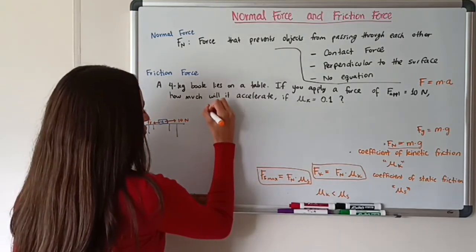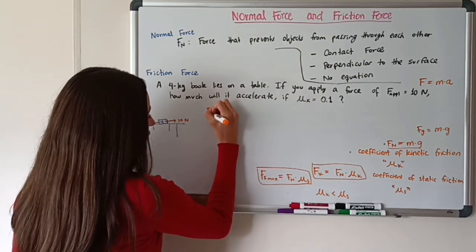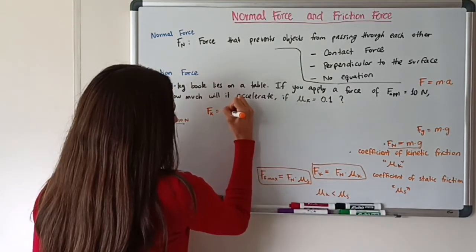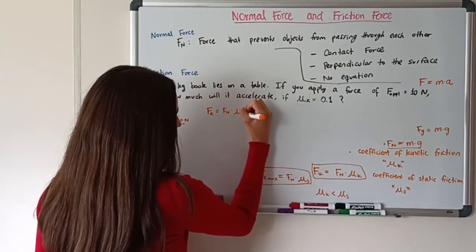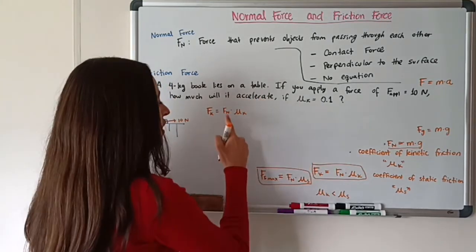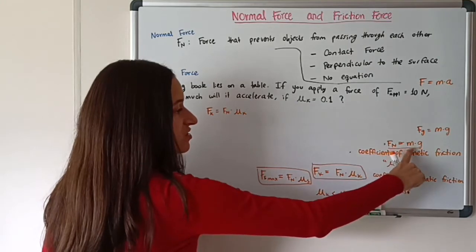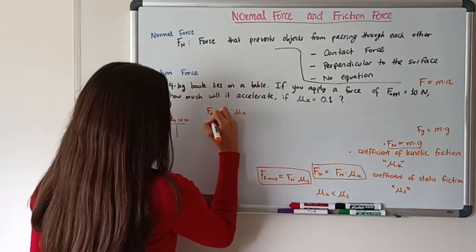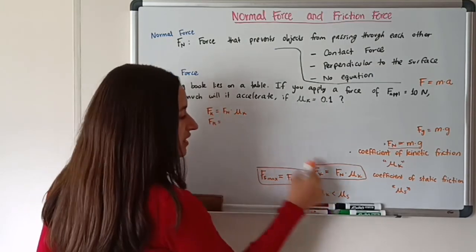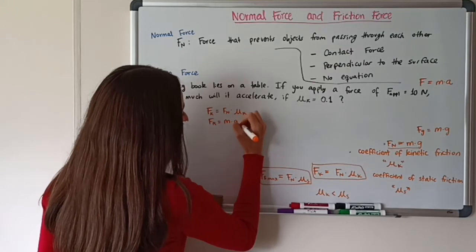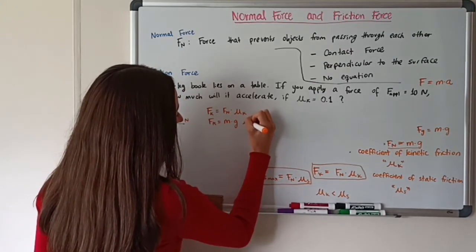So the first thing we need to do is calculate the kinetic friction. So we're going to use this equation, normal force times the coefficient of kinetic friction. The coefficient, we already have it, it's 0.1. And for the normal force, we can use this equation over here because the table is horizontal. So we do Fk is equal to, and Fn was m times g, and then we put the mu k.